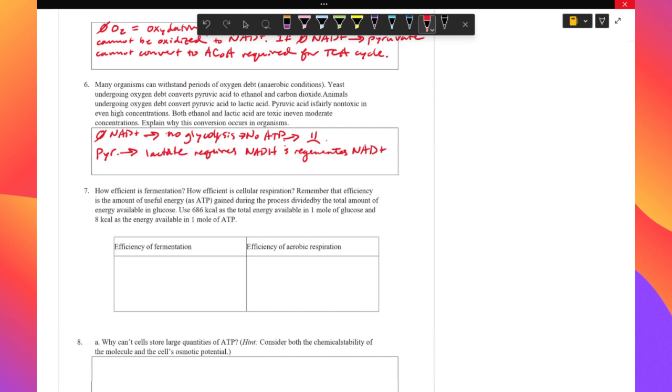And NAD+ is that required substrate for glycolysis to continue. And this fermentation process results in 2 ATP per glucose.